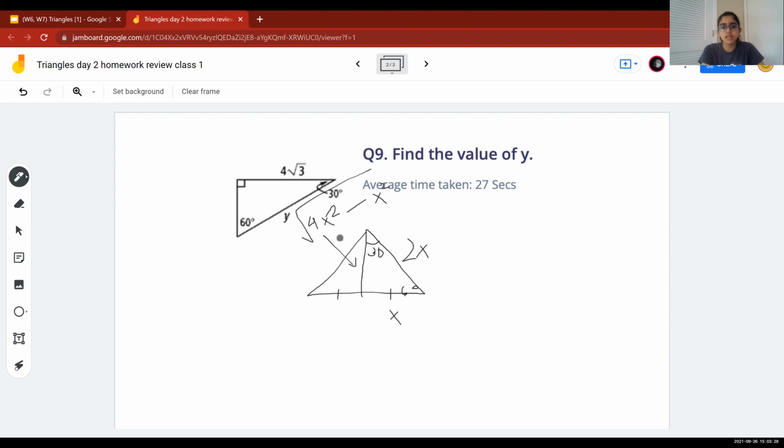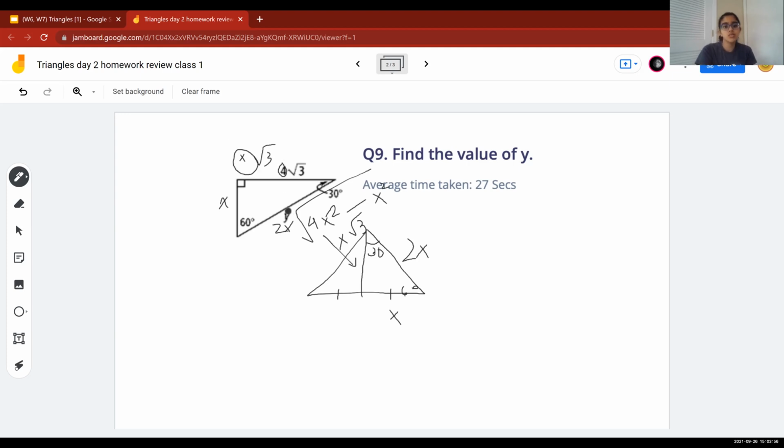So that means the ratios of the side lengths are 1 to radical 3 to 2. If we rotate this so it aligns with this, we can see that this has to be x, this has to be 2x, and this has to be x radical 3. So x radical 3 is equal to 4 radical 3, so x is equal to 4, right?